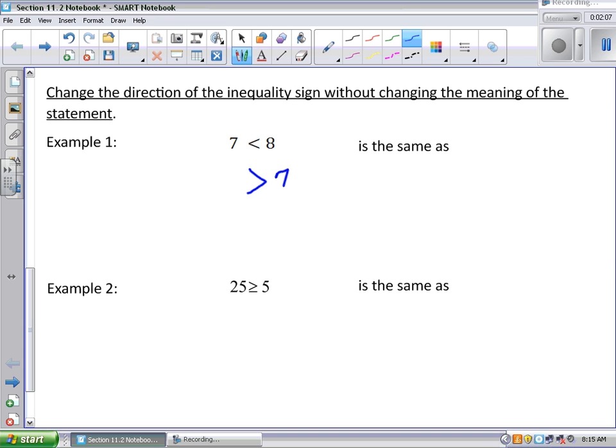So 7 has to go on the little side and 8 has to go on the big side. The inequality 7 is less than 8 is the same as the inequality 8 is greater than 7. 25 is greater than or equal to 5 is the same as saying 5 is less than or equal to 25. So when we look, the littler number is still at the little point of the inequality sign.